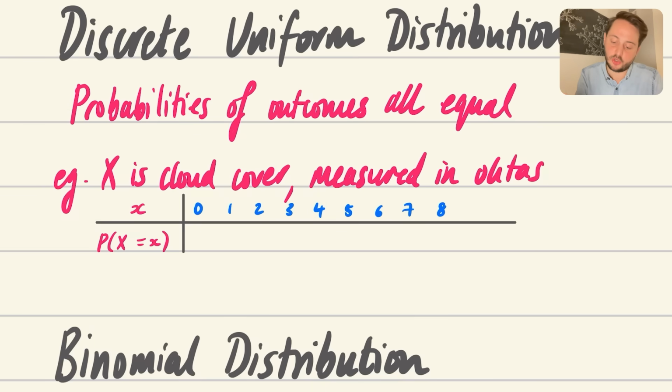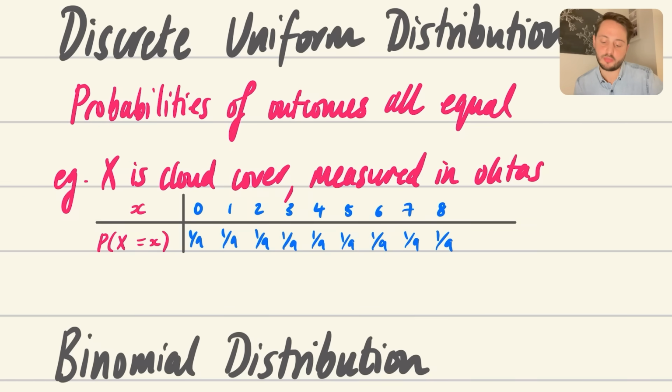So there's 9 different options, which means that the probability of all of them is going to be a 9th. So it's discrete because it can take all of the integer values between 0 and 8, and it's uniform because they all have the same probability. That's actually one of the questions that students performed the worst on, and I've got a video about the top 5 hardest questions, which I will link for you to have a look at.